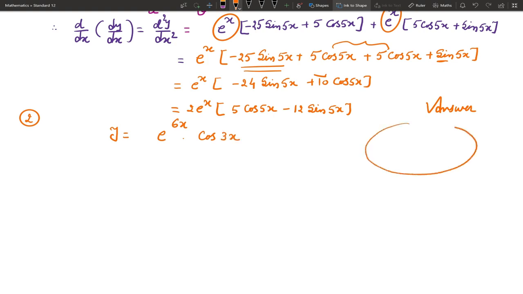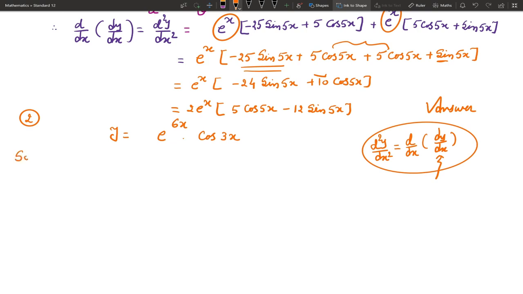The question is to obtain the second order derivative d2y by dx2, and as usual it is nothing but d by dx of dy by dx. So first obtain dy by dx and then again differentiate with respect to x. So we will obtain the second order derivative.